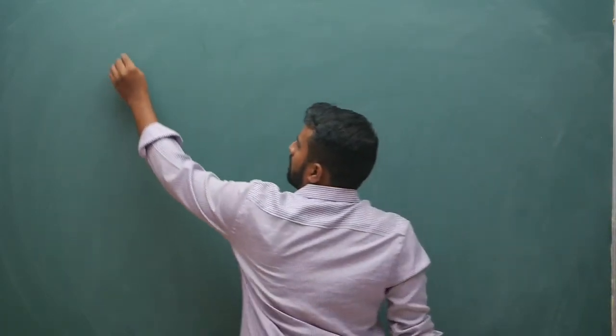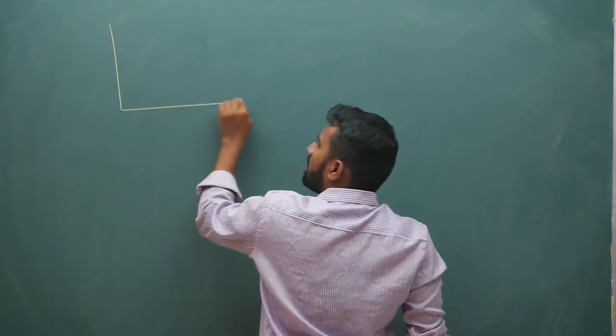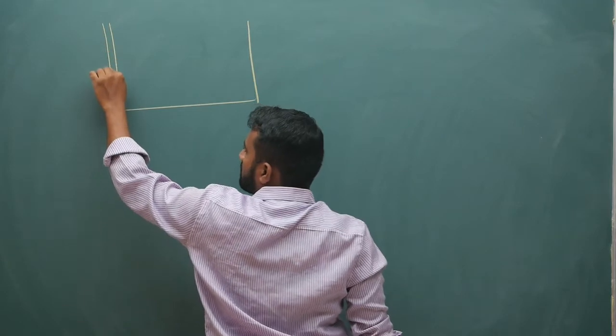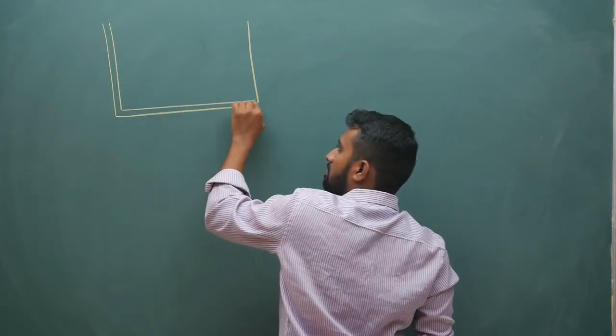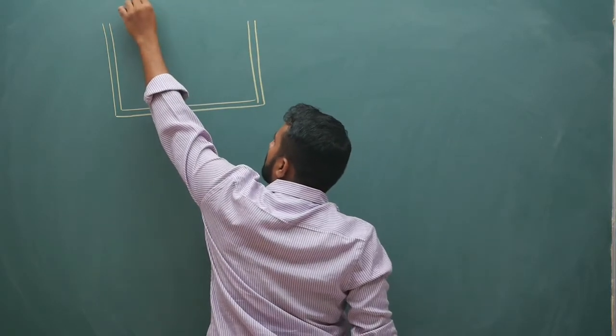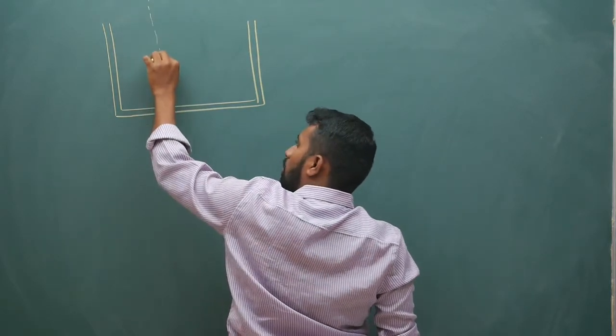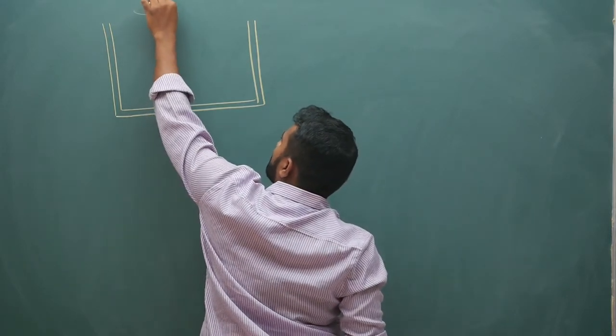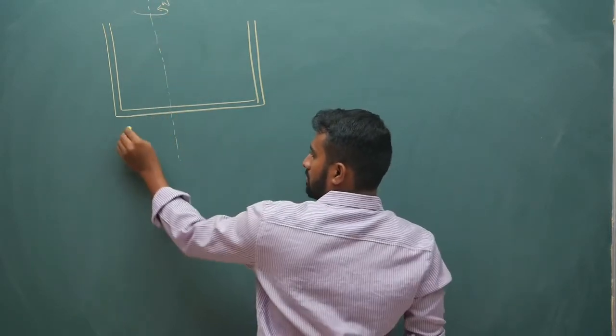Your question is this: you have a U-shaped tube of uniform cross section, and it is rotating with angular velocity omega.